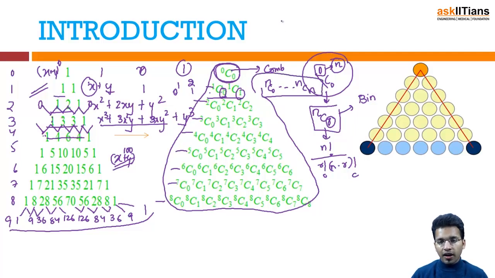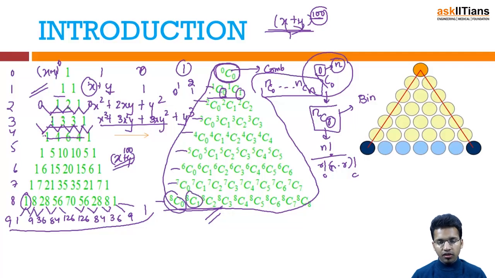Now if I write x plus y raised to power 100, this is the crux of the binomial theorem: we first worked out how the powers of x and y are going to decrease and increase, and now we have figured out how the coefficients are going to be distributed. We'll look at this triangle in more detail. You can find yourself that these numbers are related to this.